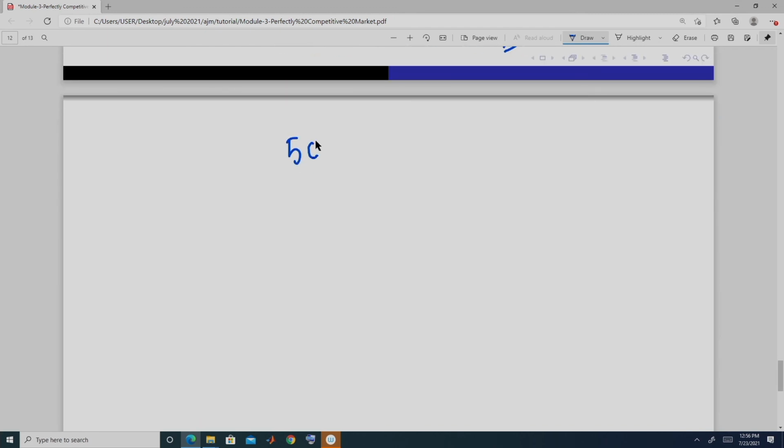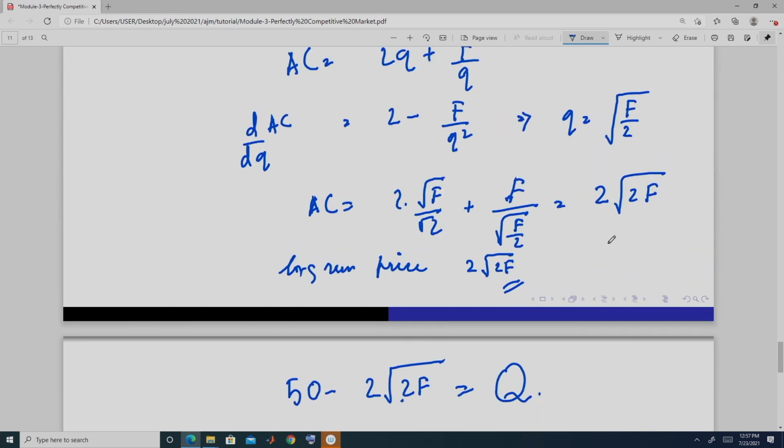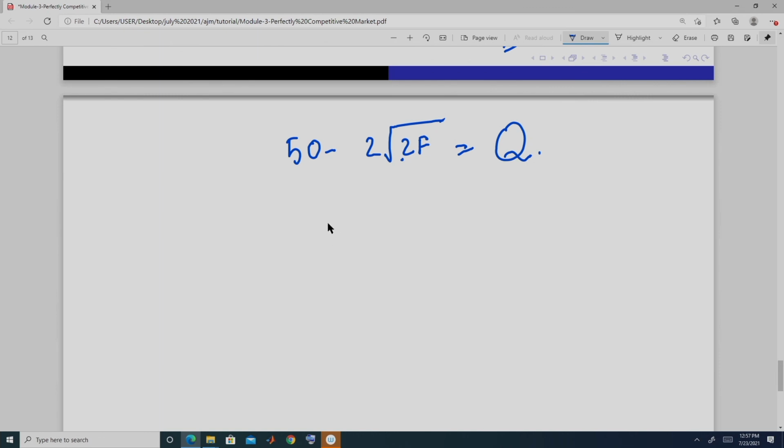Now, what is going to be the number of firms? This is going to be the aggregate output when we plug in the price, right. What is the output of each firm? Output of each firm is this. So, N is this divided by this.